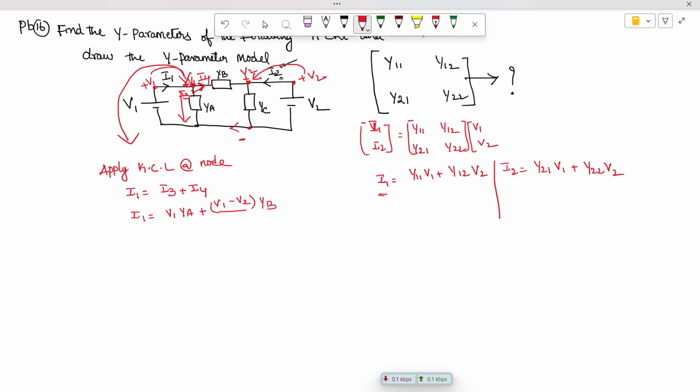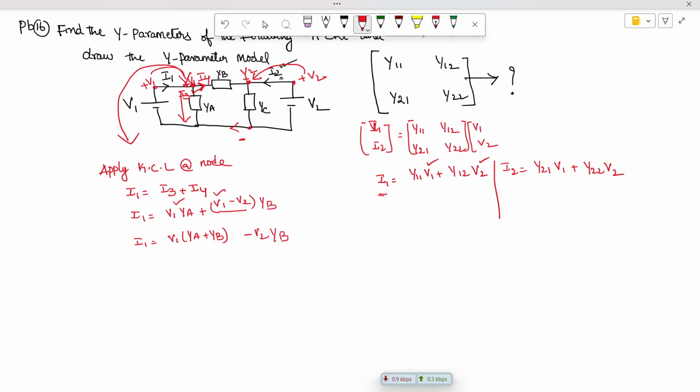Now let's represent it in terms of only V1 and V2. I1 is equal to, taking V1 as common, (YA plus YB) V1 minus V2 into YB.